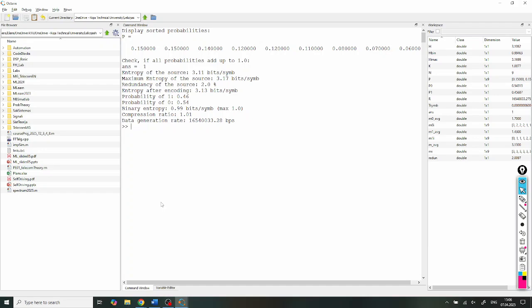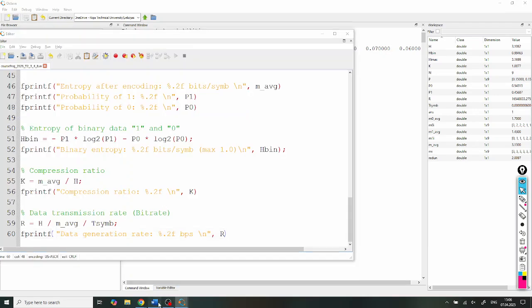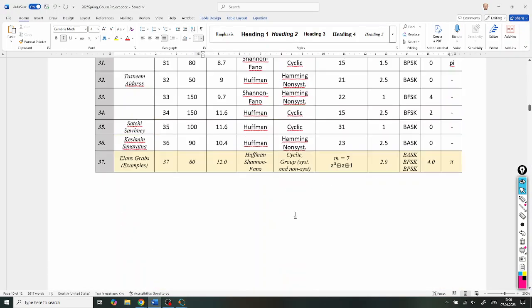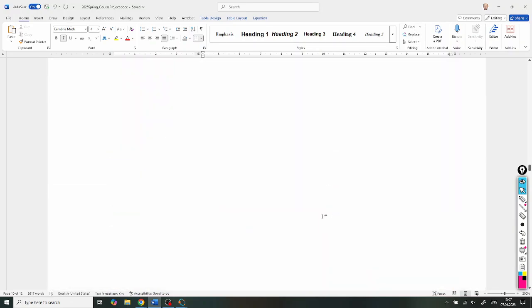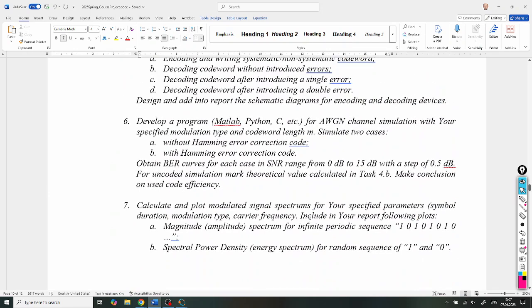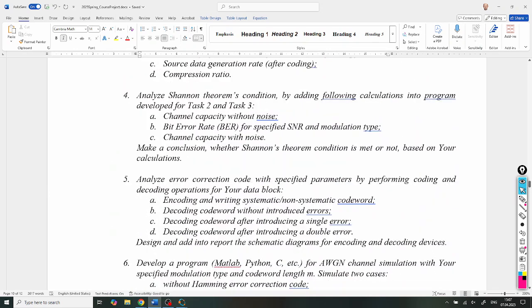So let's find out. For that, we are going to go to task number 4 to do some channel-related calculations and check if the Shannon theorem's condition is true, meaning that if you design some error correction code, will it be possible to protect the message from errors, or is that impossible because the condition is not true.